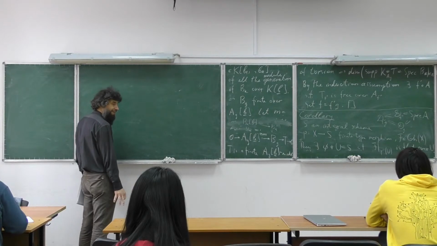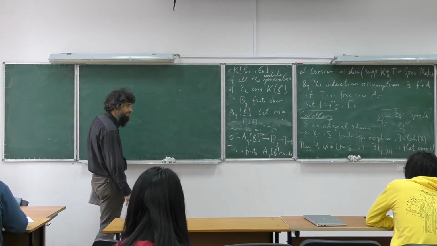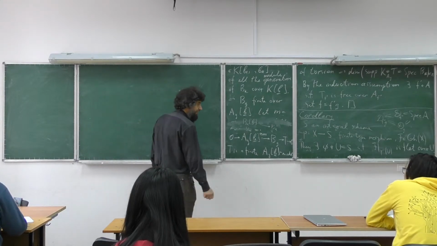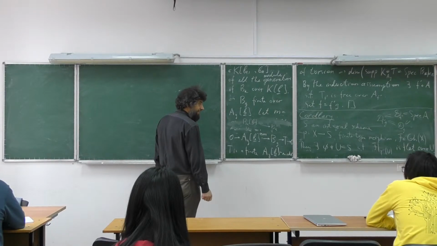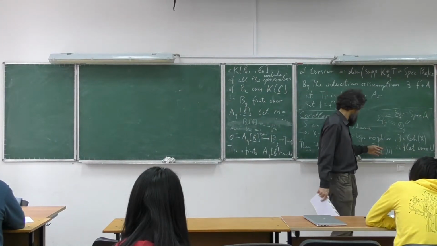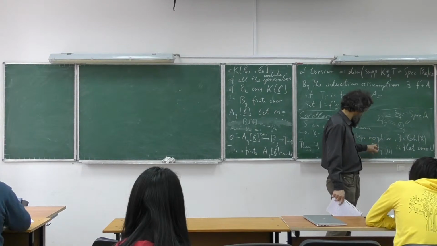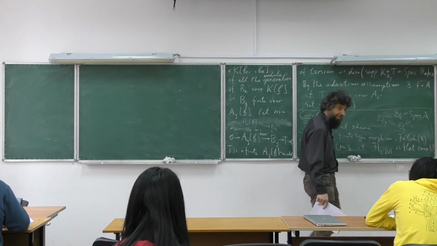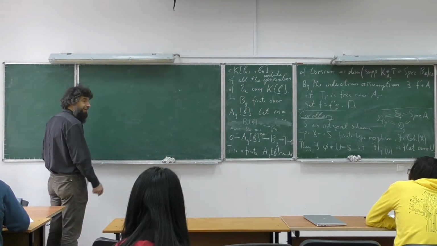Over smooth varieties, for coherent sheaves, freeness, local freeness and flatness are equivalent. But the direct image could be not coherent. It could be quasi-coherent, so it's not literally applicable here.